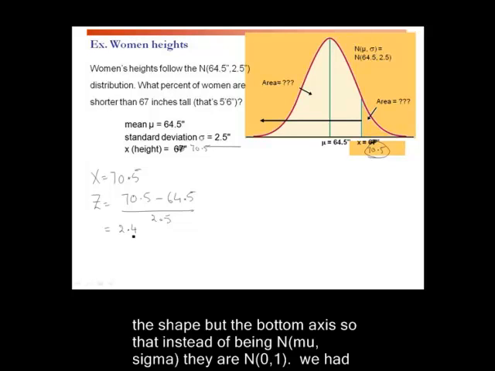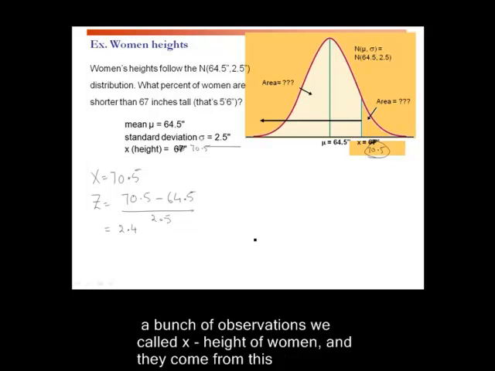So the problem translates to what? Asking what percentage of women are shorter than 70.5 inches is the same as asking for the area under the standard normal from 0 to 2.4. That's right. What is this area equal to? Would you agree that these two problems are the same now?